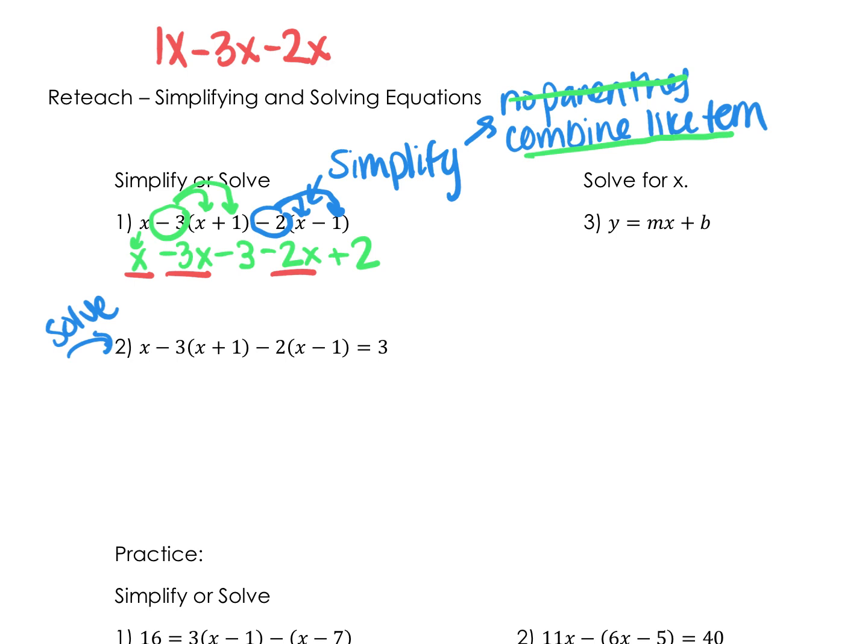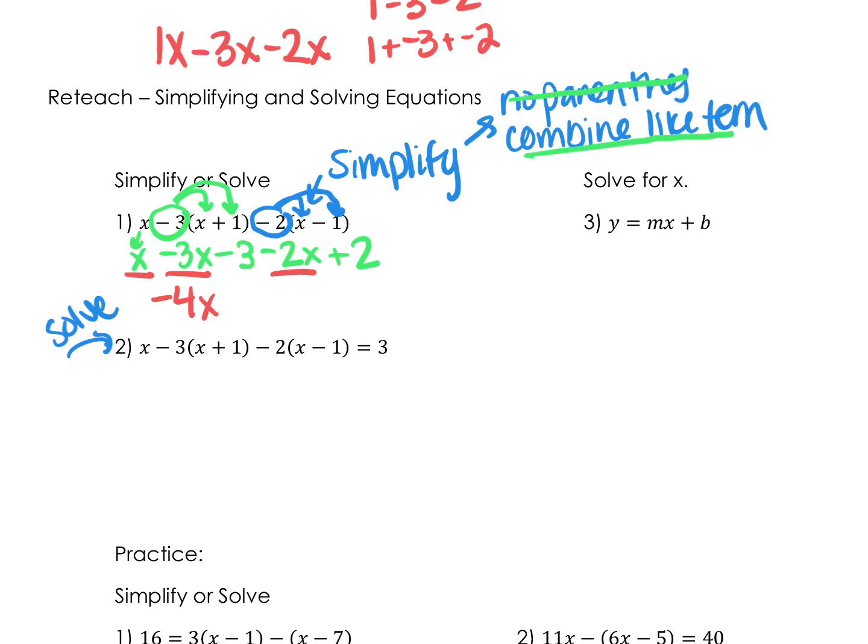Okay, so that's going to be 1 minus 3 minus 2, or you can think about it as 1 plus negative 3 plus negative 2. Those are the same things. Okay, so if we do that, we're going to get negative 4. So this will be negative 4x when we combine all of those like terms.